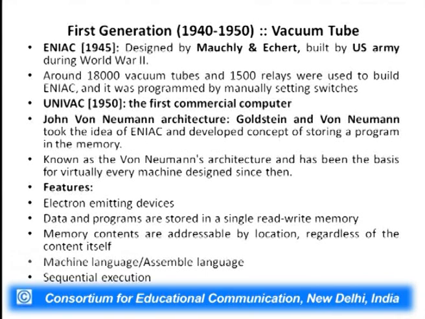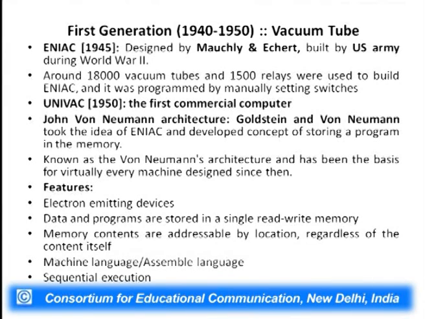Now, moving through the history of computer development, the first generation computers came into existence in the decade of the 1940s to 1950s, and that was the era of vacuum tubes, wherein the vacuum tubes, which were huge tubes, were used to do the switching operation.